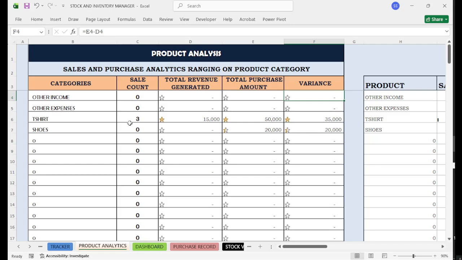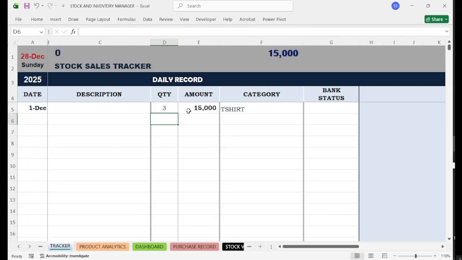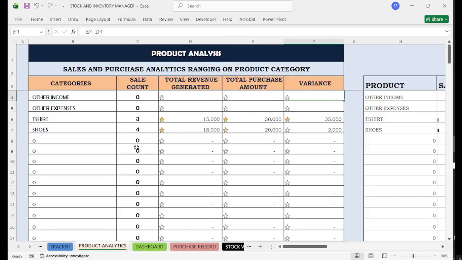Then the same thing for shoes. Let's say you sold for 18,000 naira. Product analytics here says you sold for 18,000 naira and you actually purchased for 20,000 naira. The variance, the difference here is 2,000 naira.